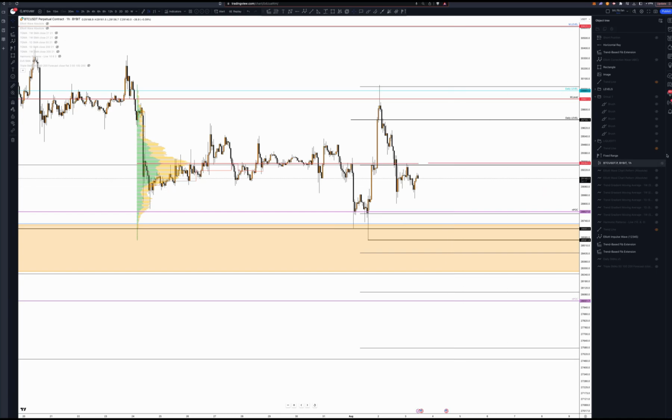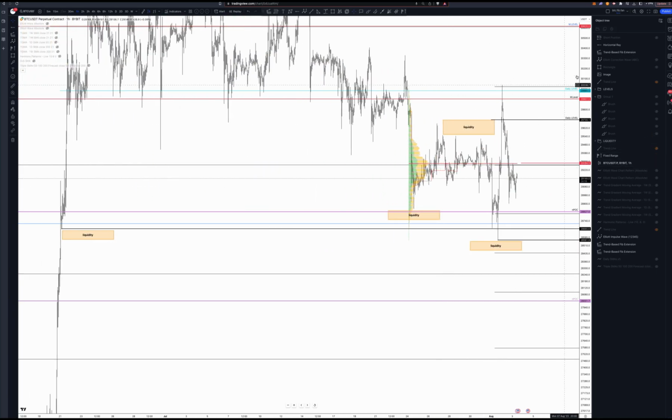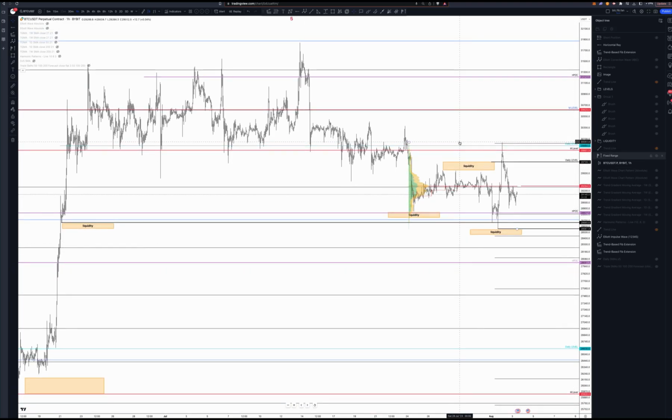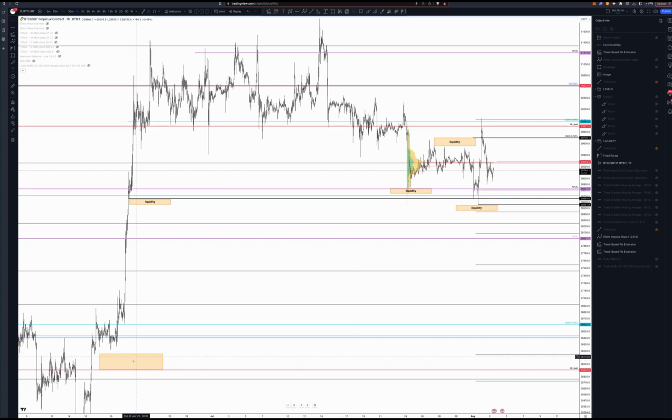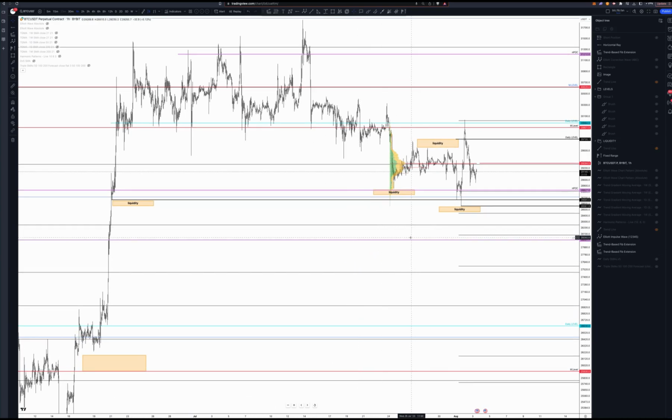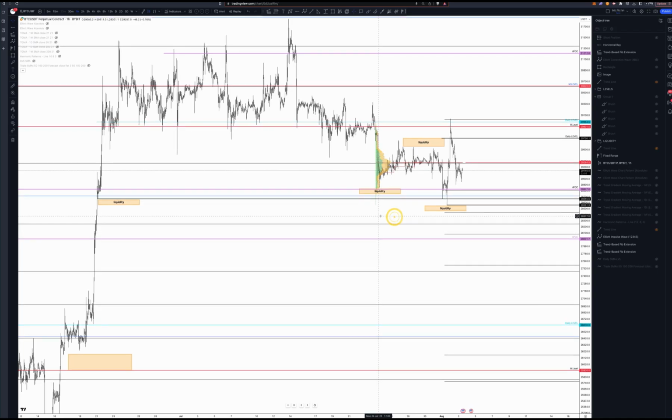Okay, and I'll add in the liquidity of recent. If you look at this liquidity chart, you can see that the lowest liquidity level is down here. And I'm going to give you what I think is likely to take place.